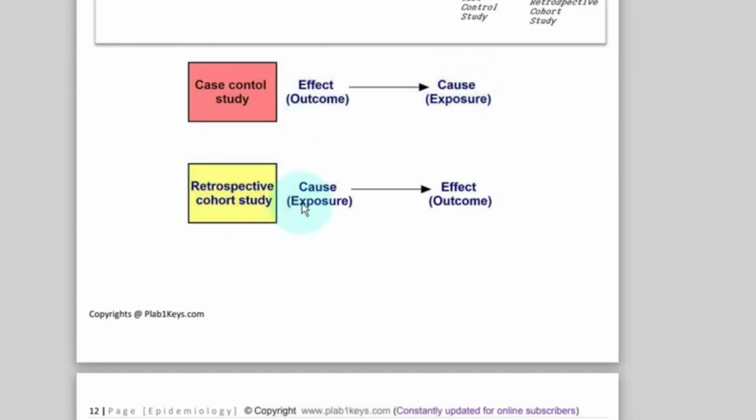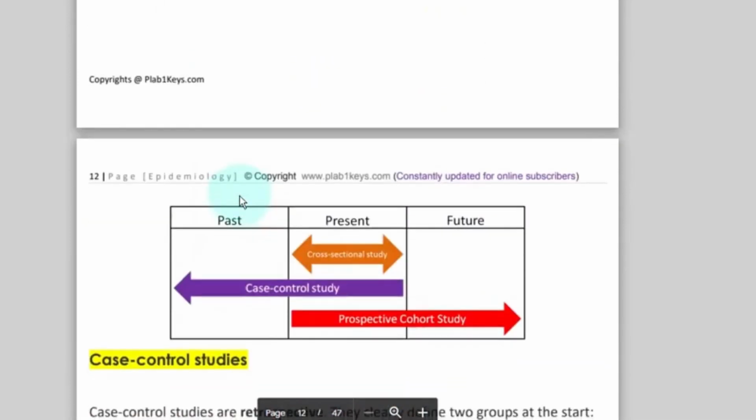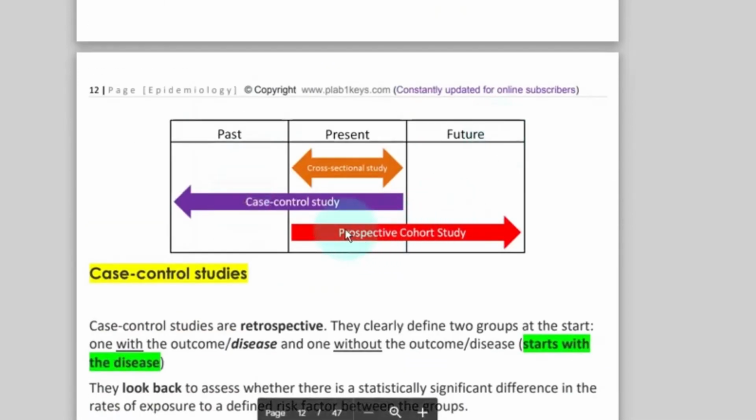Now come to the retrospective cohort. You have the cause. You were working in a lab, you found a bacteria. Now you want to know how much destruction this bacteria can cause. You would do the retrospective cohort study. Cohort goes into the future. Case and control goes into the past.